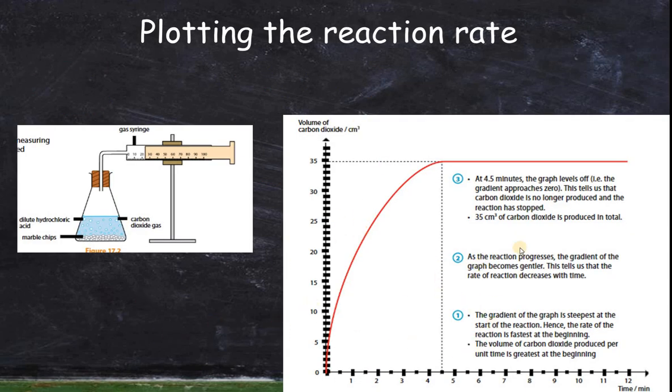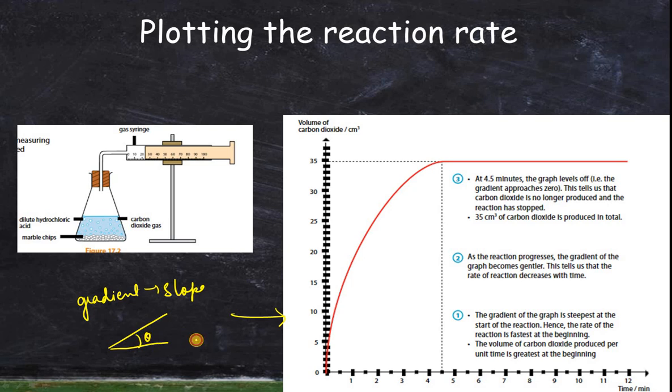Initially, as you can see from point 1, the gradient is more. It means initially the gradient is high, so in this part of the graph the reaction rate is very high. Whenever we look at a graph, we always talk about the gradient. What is gradient? This is also called slope. Slope means how the plane is inclined from the horizontal.